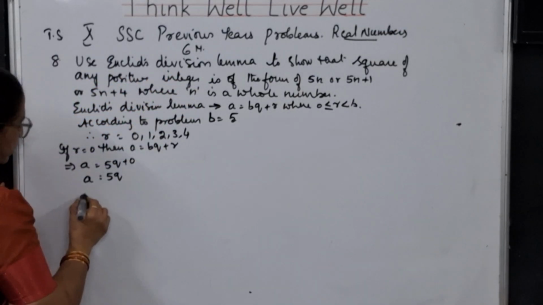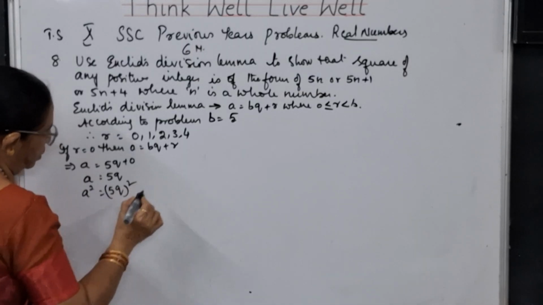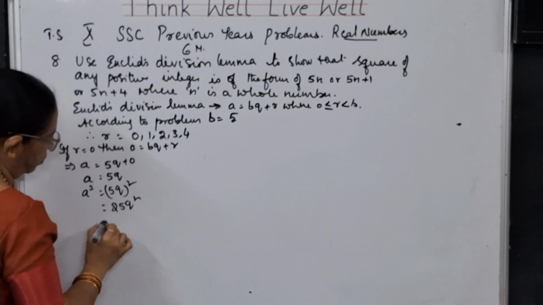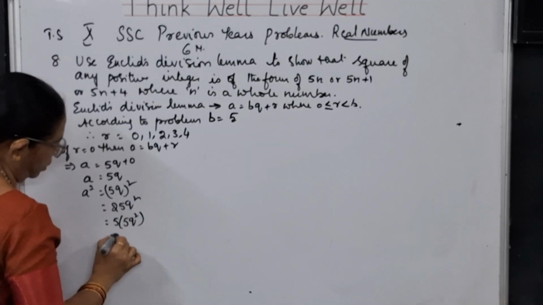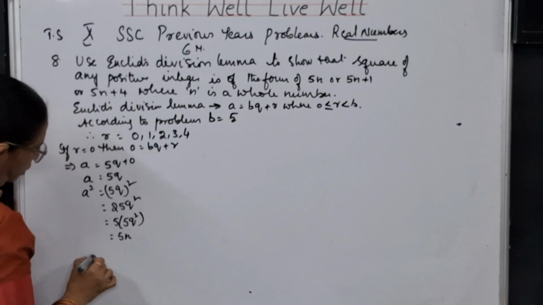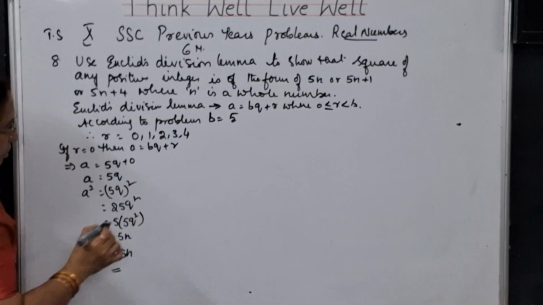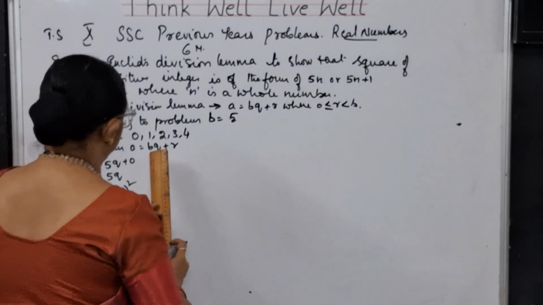Square of any, that means A square is equal to 5Q whole square, that means 25Q square, which can be written as 5 into 5Q square. That is nothing but 5n. Therefore, A square is equal to 5n. This is the one when R is taken as 0.